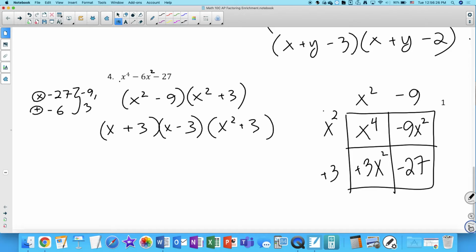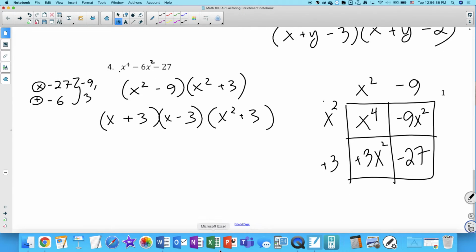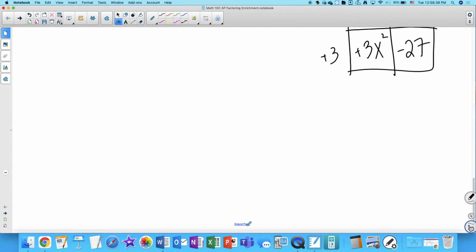I don't really understand the difference of squares thing. Okay, so should we review difference of squares? The reason why difference of squares works is, if you look at x squared minus 9, think about it this way: x squared plus 0x minus 9, right?